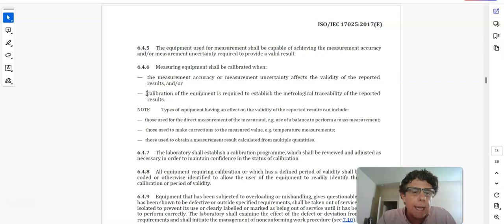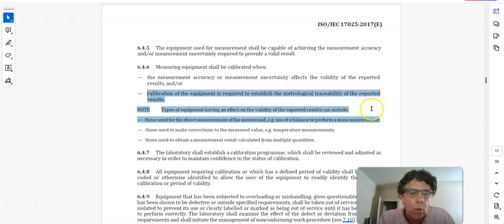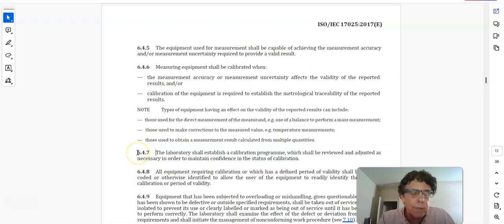So we want to look at calibration of the equipment, which is required to establish the metrological traceability of the reported result. And section 6.4.7 says the laboratory shall establish a calibration program that shall be reviewed and adjusted as necessary in order to maintain confidence in the status of calibration.